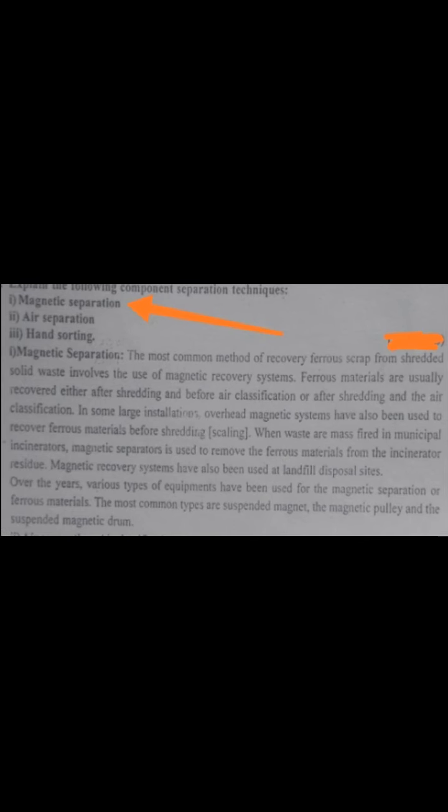Overhead magnets, magnetic pulleys and magnetic drums are the methods used in the recycling industries. Magnetic separation is used for the removal of ores, and can be done in the separation of metals.